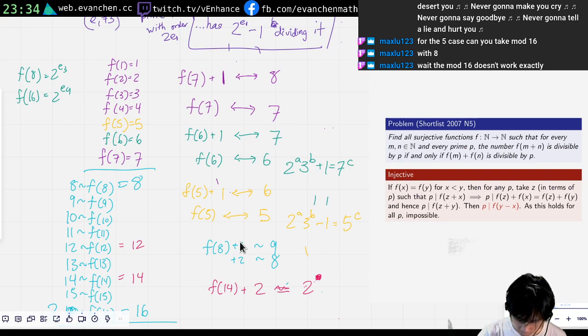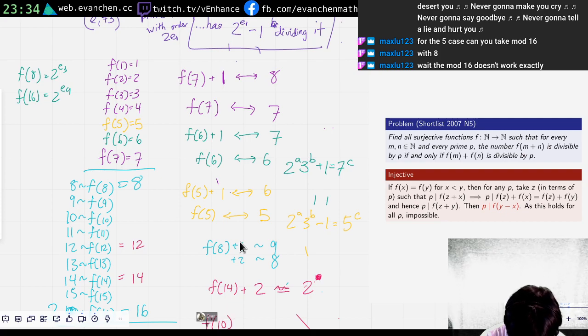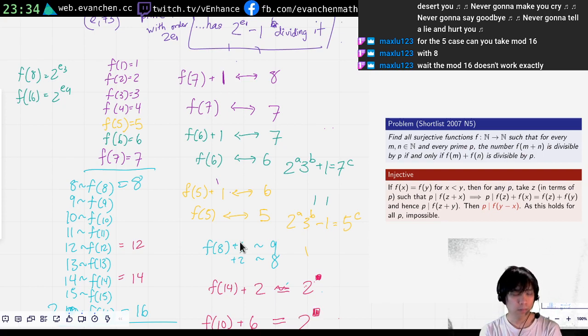If we look at 10, f of 10 only has powers of 2 and 5, plus my anchor point I want to be the 16. I know 6, so this is like 6. It's supposed to be equal to a power of 2. So the problem is there's no analog of Zsigmondy that I can come up with that helps when I have this 6 like this.